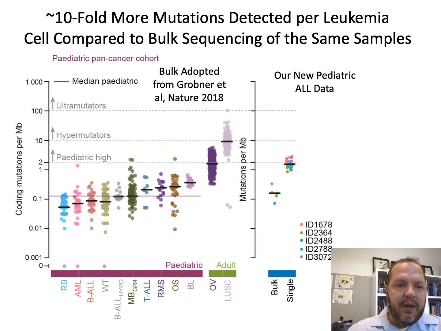But we actually see about 10-fold higher mutations per single cell, and then you would multiply that by the total number of cells within that population. And so what you can see is there's actually vast genetic diversity that's not being captured by these bulk samples.